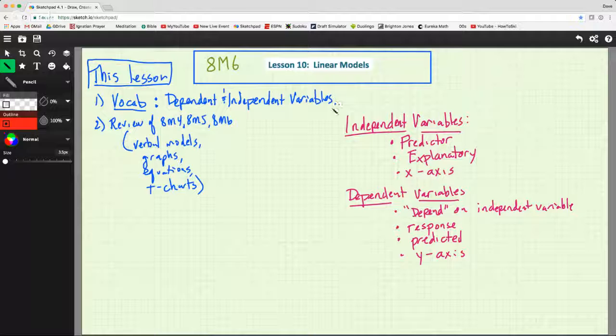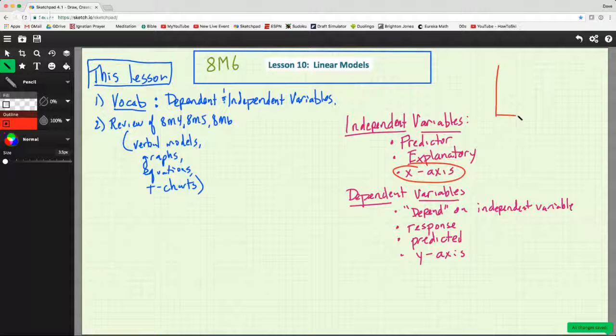So when we're running experiments, or we're doing science, connecting math in the real world, we often want to make predictions. So we have 2 types of variables. One's the independent variable and one's called a dependent variable. Pretty much the bottom line is the independent variable is the one that goes on the x-axis.